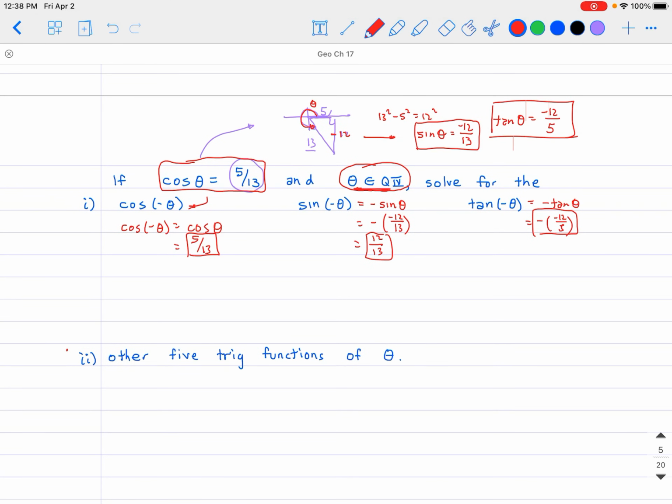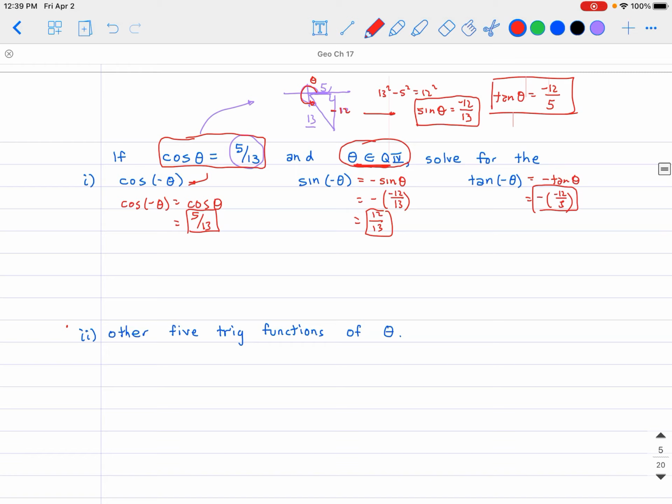What I want to do is solve for the other 5 trig functions of theta. Remember, we're given that cosine of theta is equal to 5 over 13, and theta is somewhere in Q4.